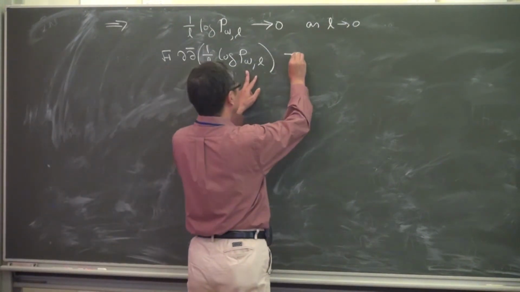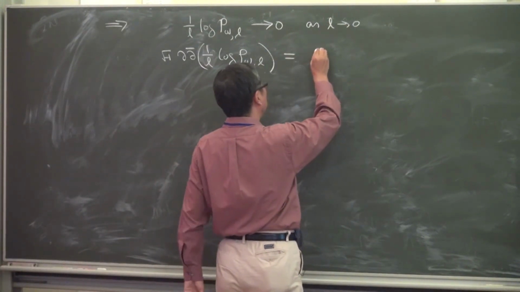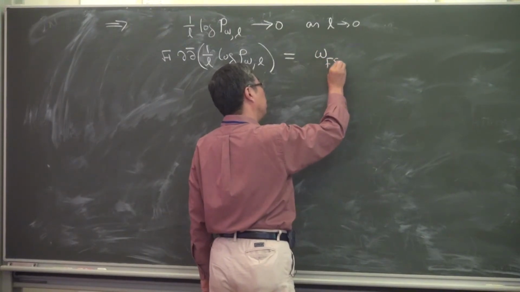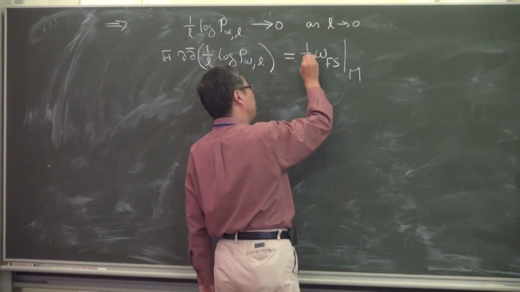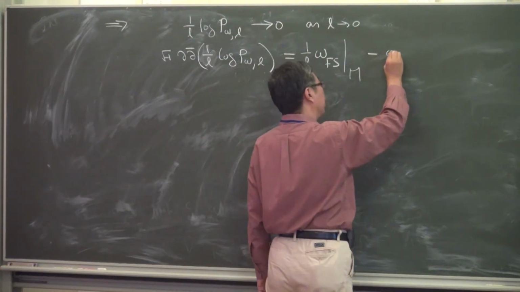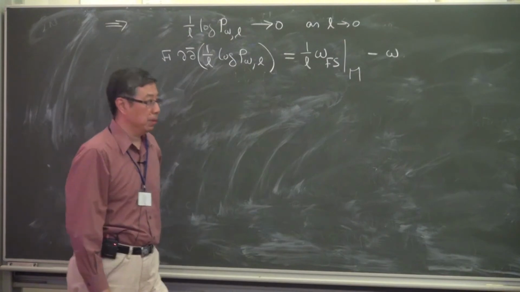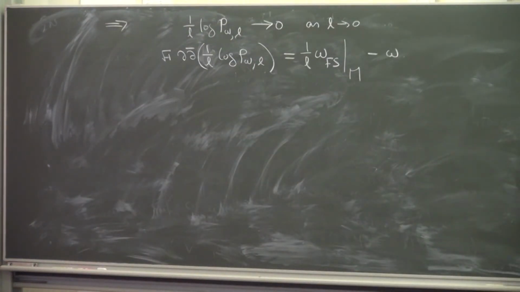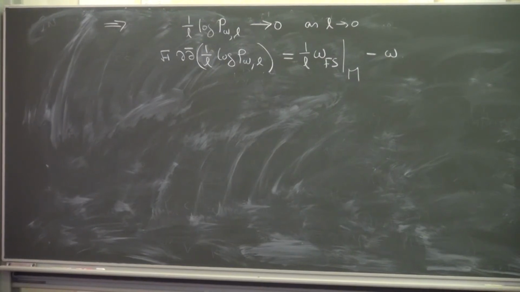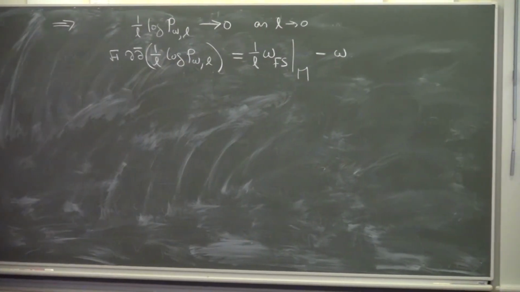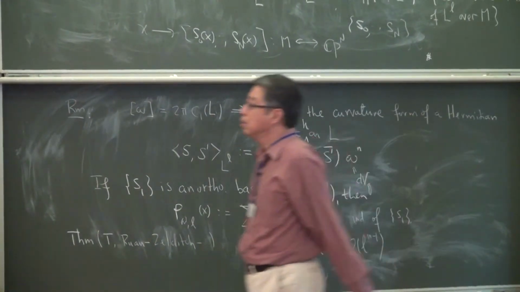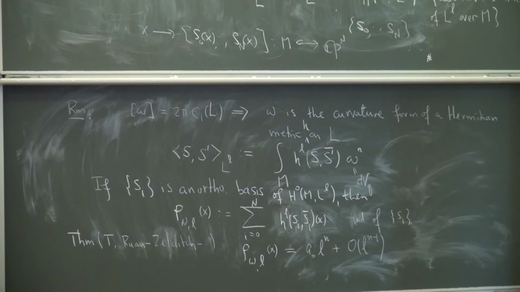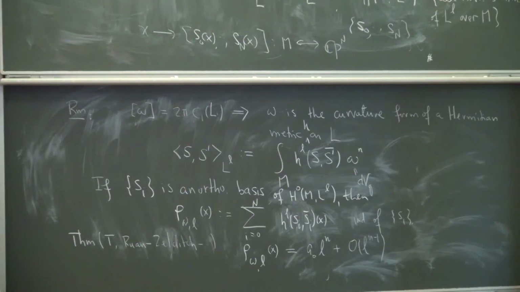First, this is nothing else but the Fubini-Study metric restricted to M, and maybe you divide by L and minus omega. Because here you have a Hermitian norm and you have a basis. If you take out the Hermitian norm, that's exactly your Fubini-Study metric. You do it locally. So that implies this goes to 0.